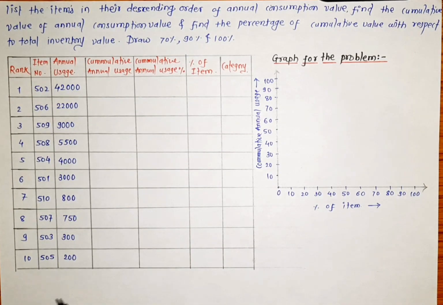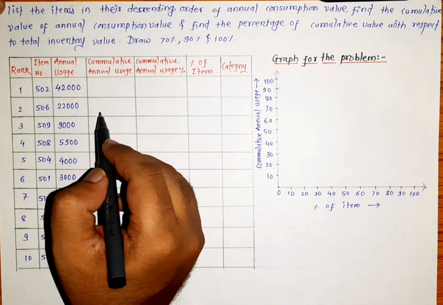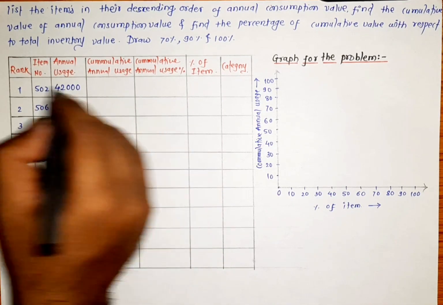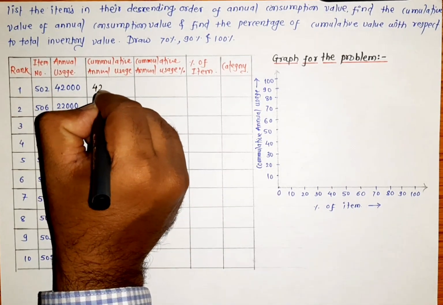Now we want to calculate the cumulative annual usage. The cumulative annual usage is nothing but the first value, 42,000.